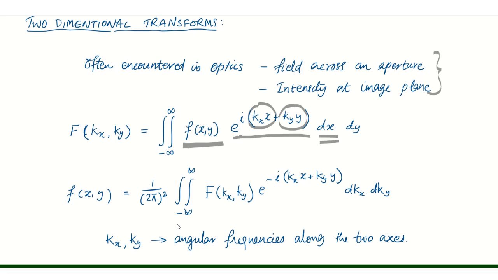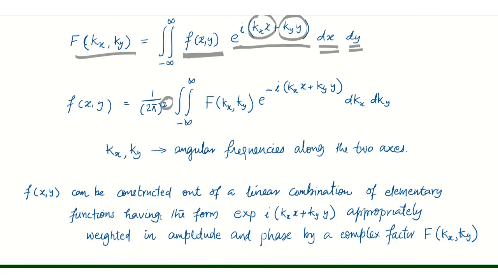Then instead of having dx only, you have dx and dy. That is the two-dimensional Fourier transform. And in this case, instead of 1 over 2 pi as in the one-dimensional case, you have (1 over 2 pi) squared, and kx, ky are the angular spatial frequencies along the two axes.